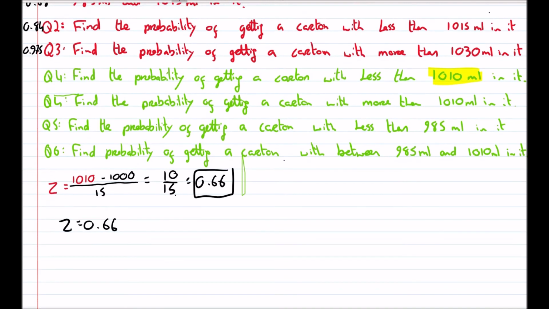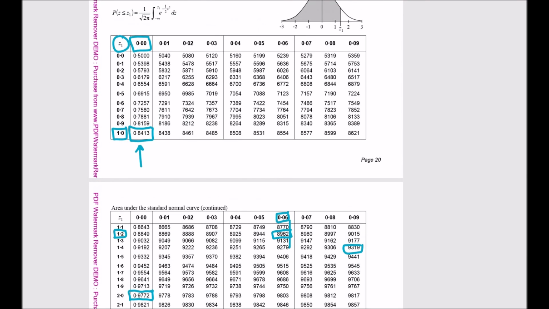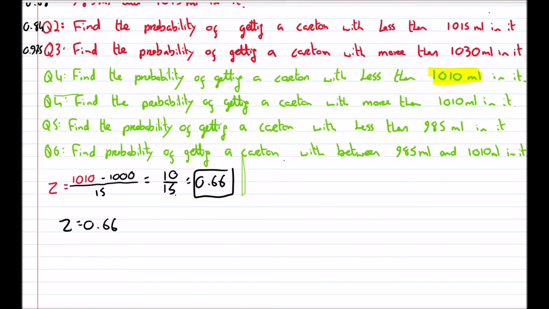Right, let's check my z-score and see what it is. 0.66 is over here, so it's 0.7454. So there's the probability.